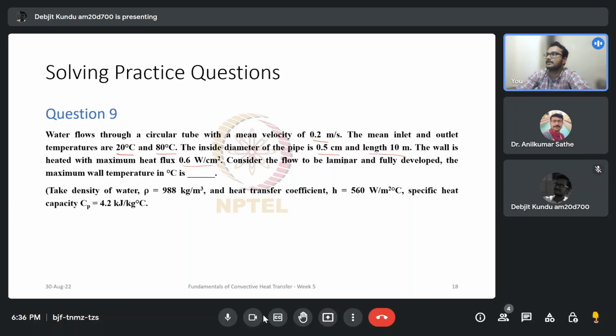Consider the flow to be laminar and fully developed. The maximum wall temperature is what? Other property data is also given: density of water, heat transfer coefficient, specific heat capacity.